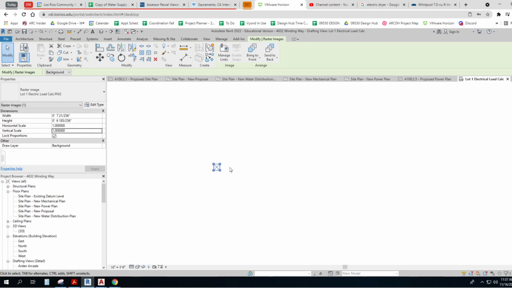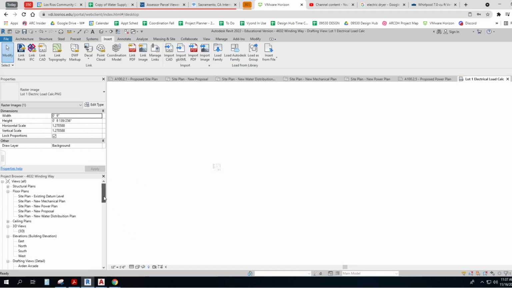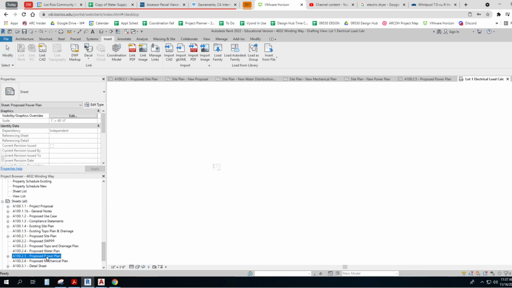And I probably want that to be like 6 inches wide, maybe. Maybe even more. Let's just see what happens if I make it 9 inches wide and put it on that sheet.